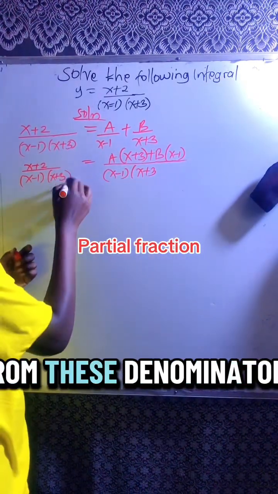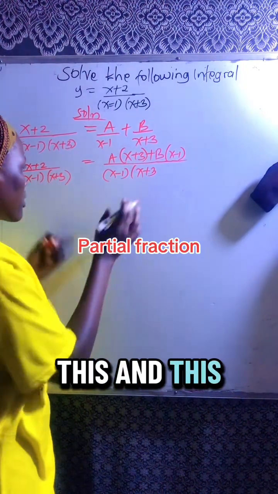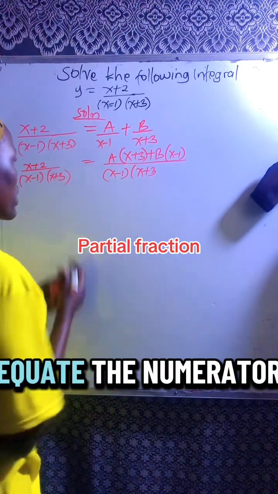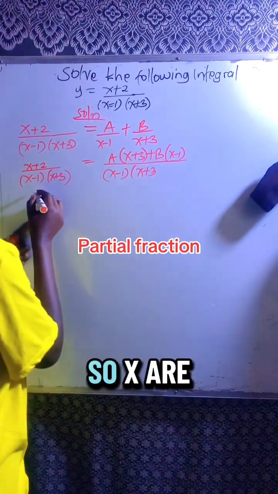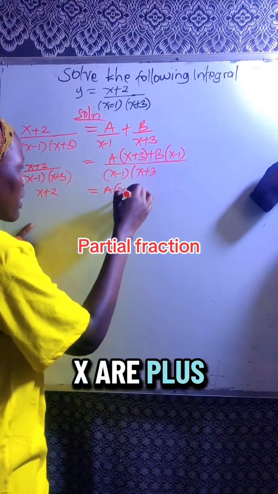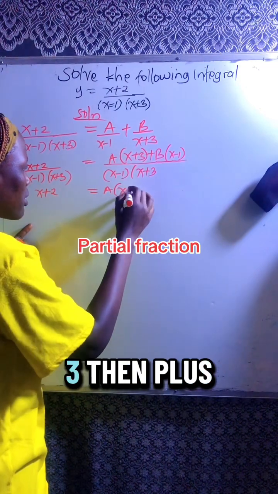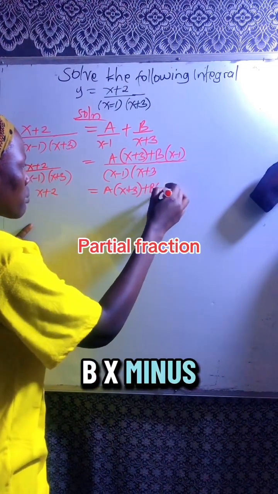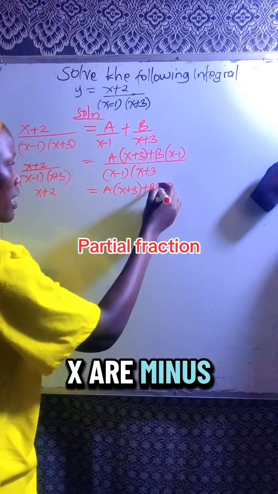We see that from these denominators, this and this are the same, so we only equate the numerator. So x + 2 is the same as A(x + 3) + B(x - 1).